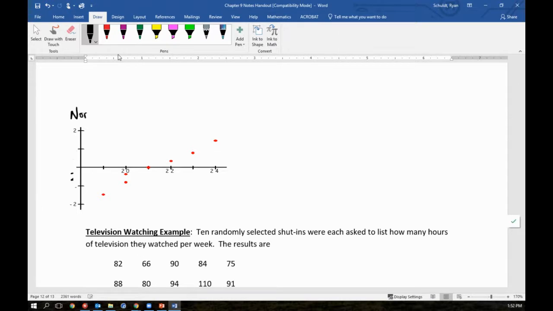It's a normal probability plot. And what do we look for on a normal probability plot? A linear pattern. Do we have a linear pattern here? Yes. It's gotta resemble a straight line, that's right.